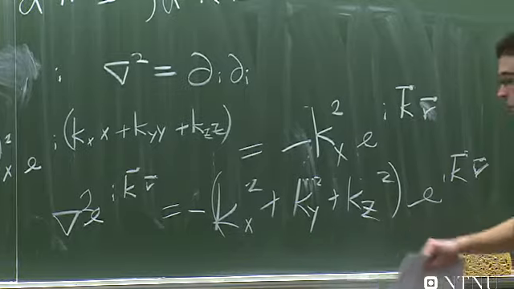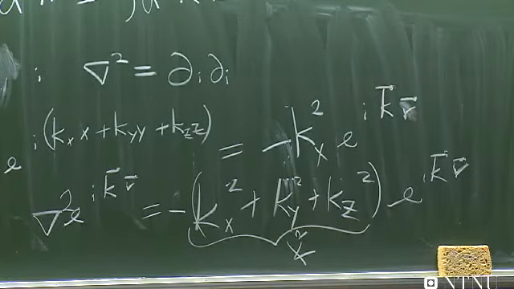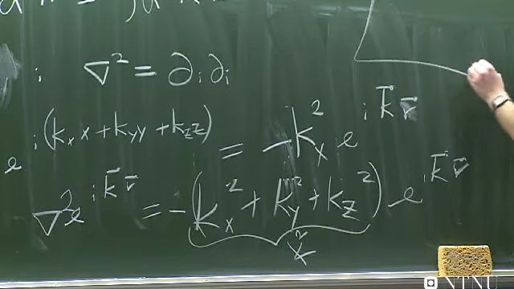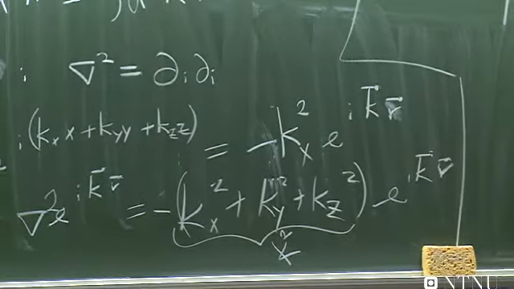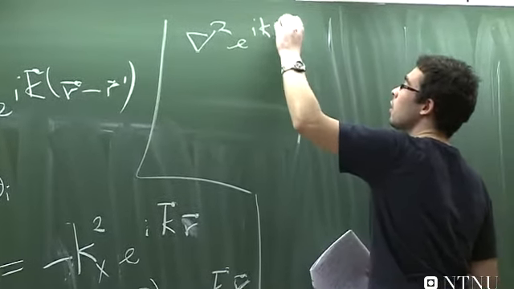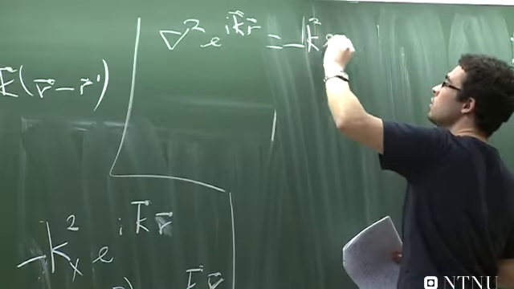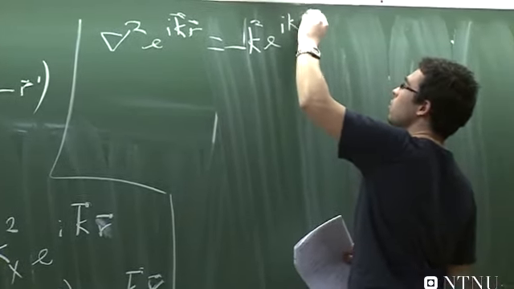And this is simply the length of k vector square. So it's k square, like that. Or more compactly, Laplacian of e to I k r is minus k square e to I k r.